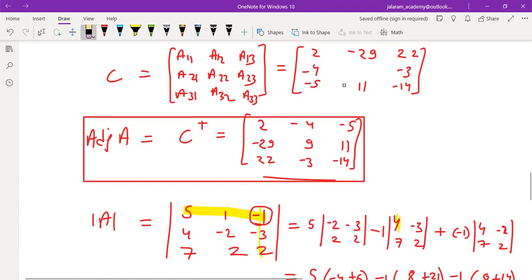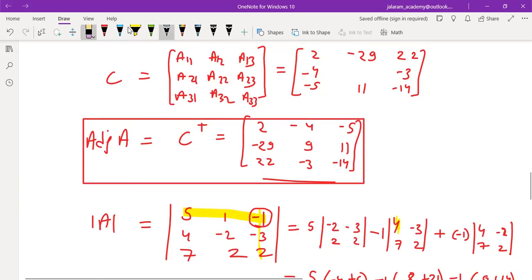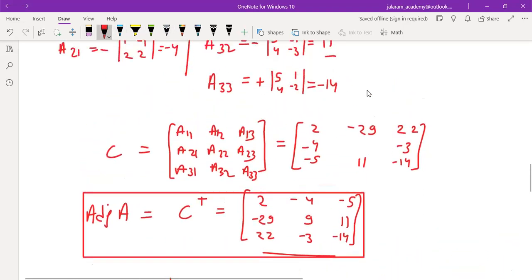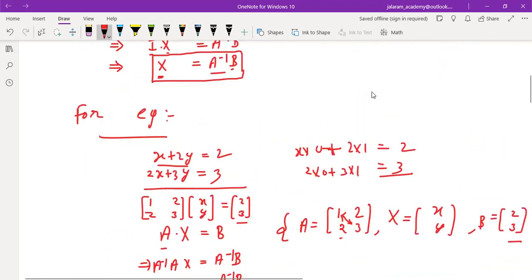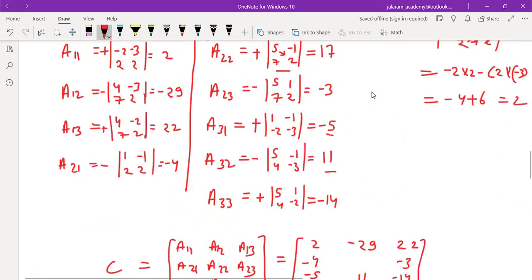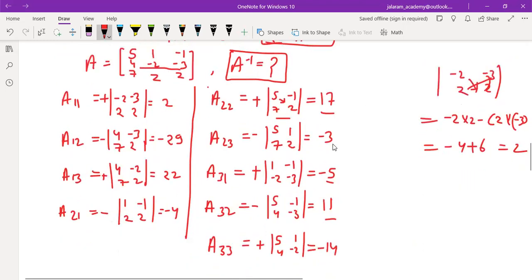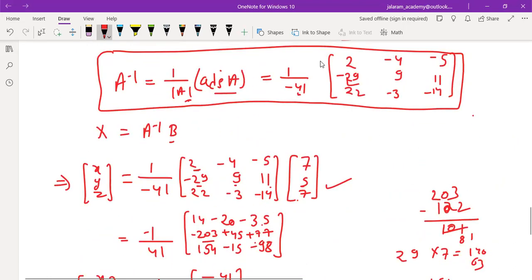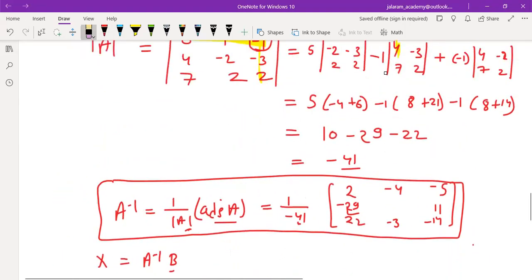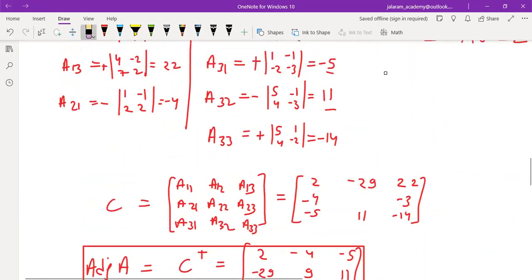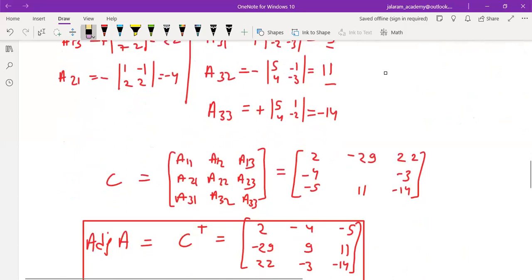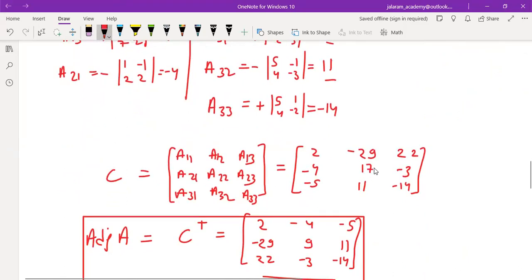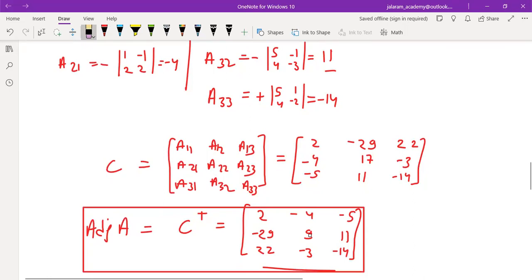In place of 9, it will be 17 only. So it must also be 17.